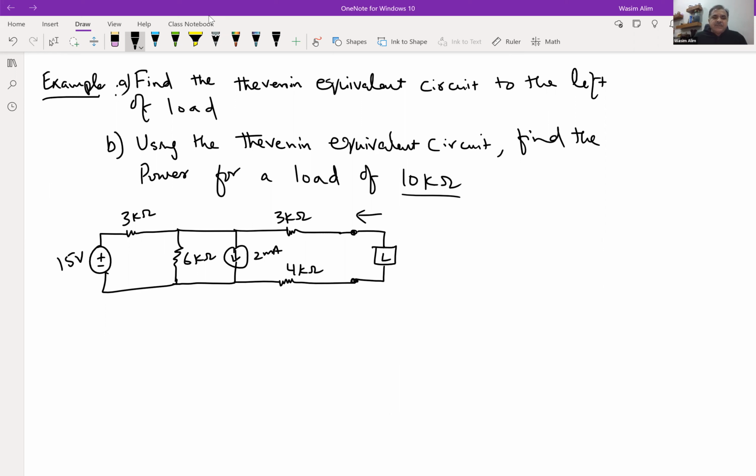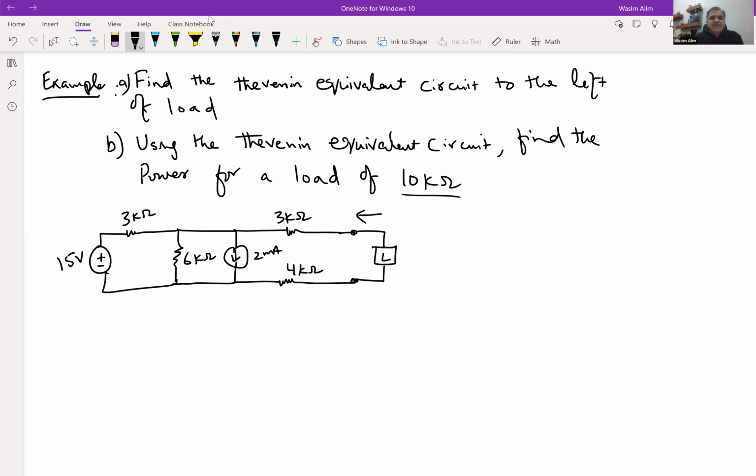The other process is to go through the other techniques, such as node voltage analysis. When we do the node voltage analysis, you identify the independent nodes, use your reference node, and do the KCL at the nodes and find the unknown quantities.